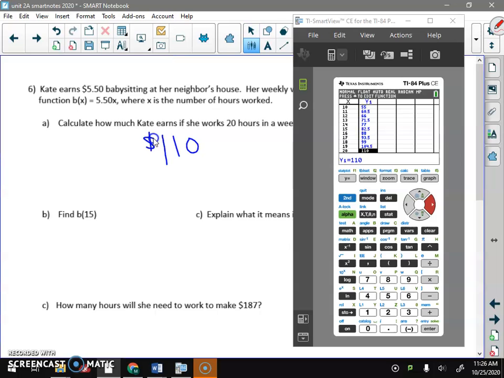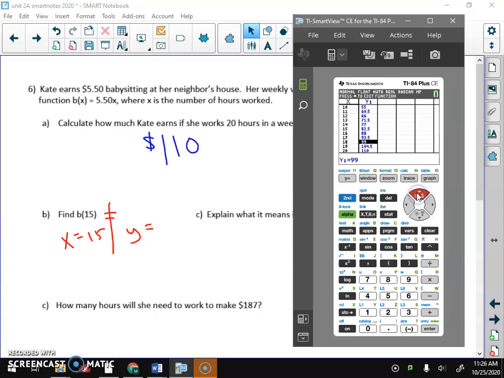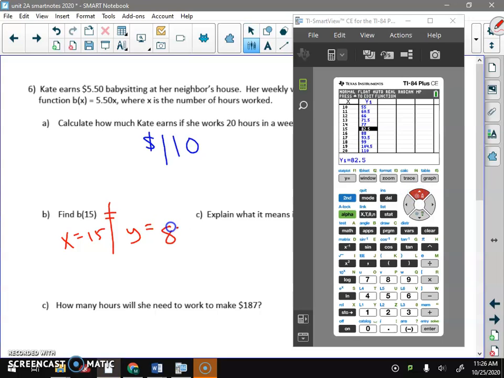B, 15. Great Wall. X equals 15. What does Y equal? On my screen here, 82.5, also known as $82.50. Explain that in context. Sorry, I forgot to circle my answer. What does that mean?